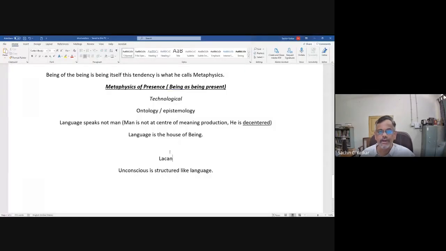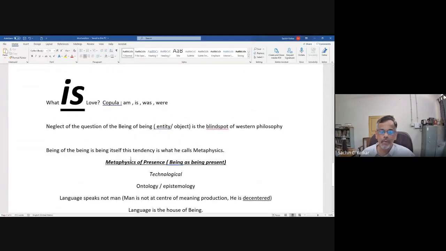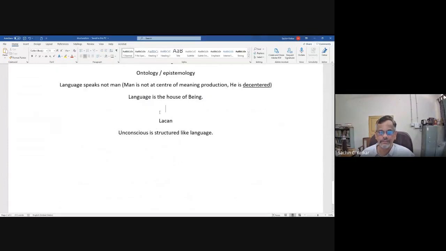There is no individual subjectivity, but subjectivity is just housed in language as a decentered structure. So you are on the peripheries of your own existence, right? So this decentering is a very important idea in post-structuralist thought.